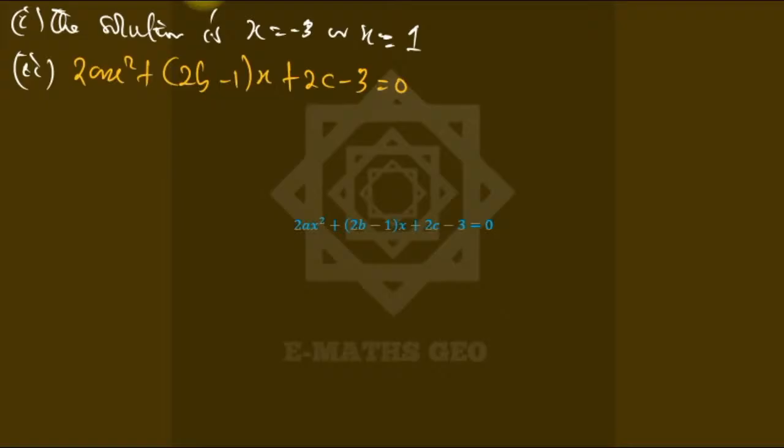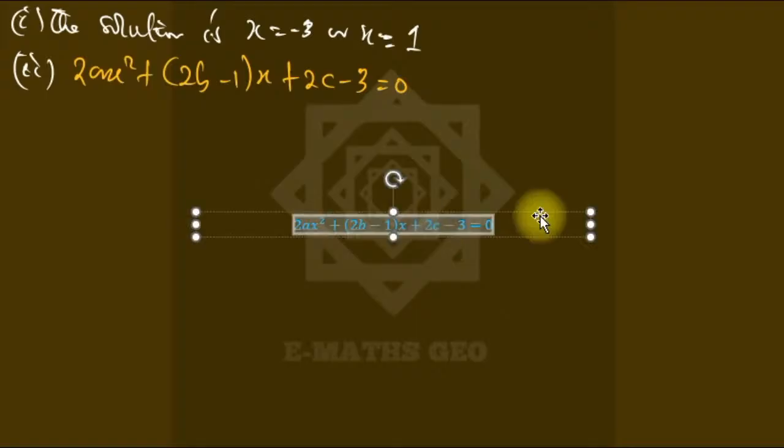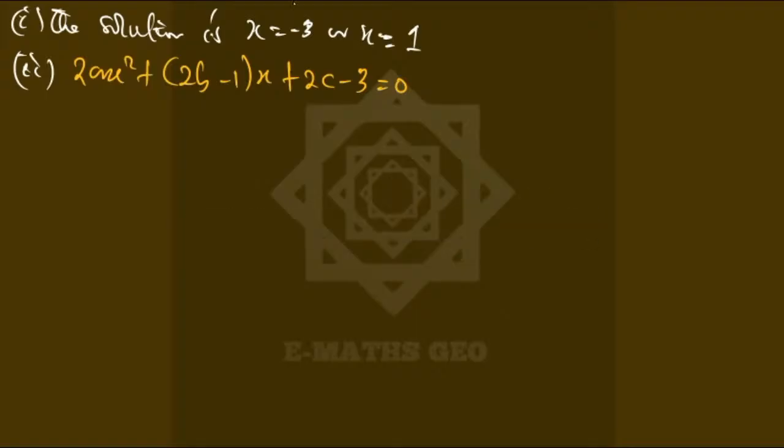But remember, the original function is what? If you remember, the original function is y. Let me just write it up here. y equals ax squared plus bx plus c. And we're asked to use it and solve this. So we need to transform this one to look like that.